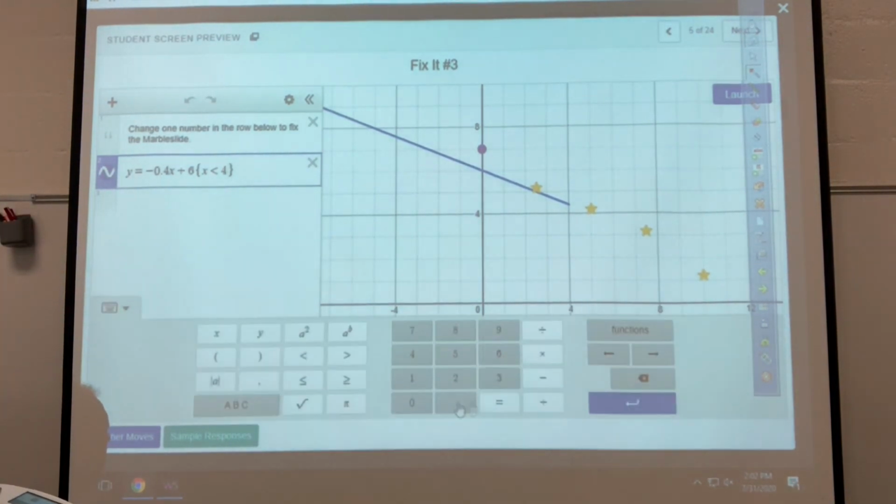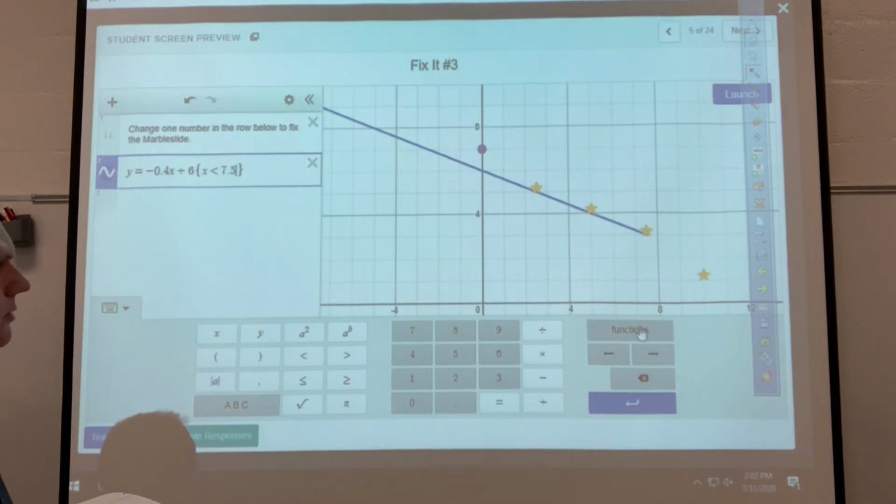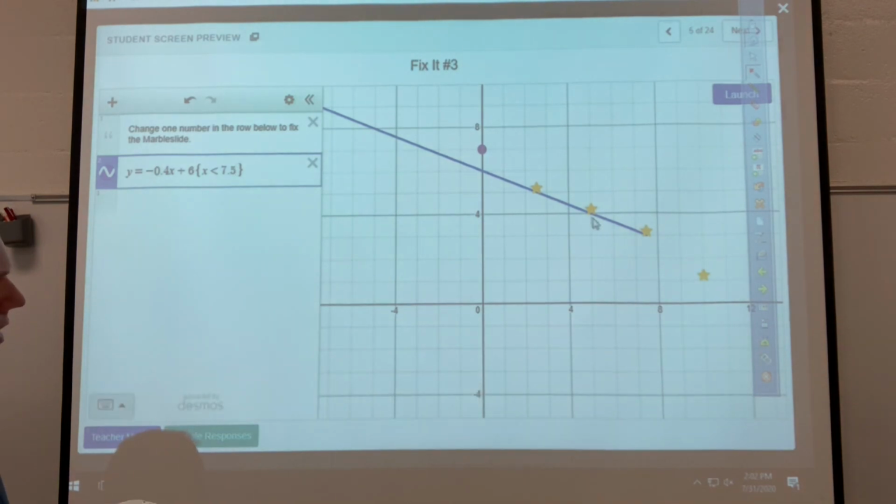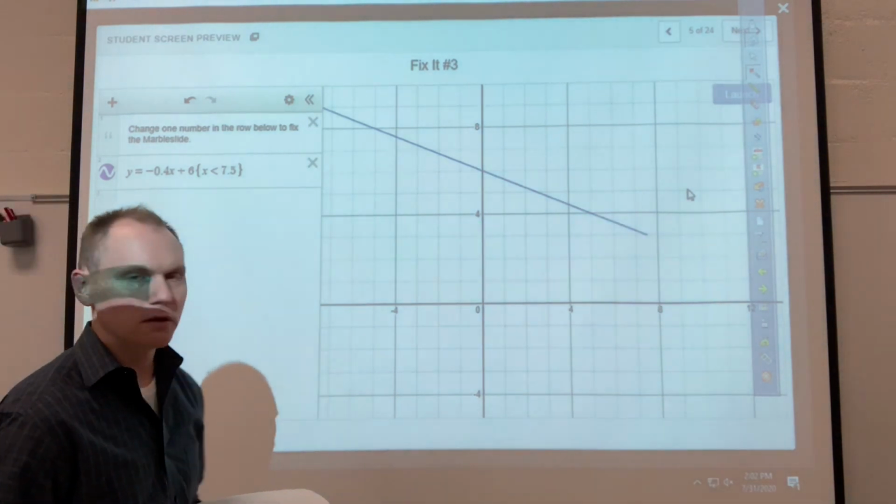So we change the 4 here to 7.5, and that's going to make sure we get that last star, and then we think that it might shoot off and get this last one. Let's see. All right, good. Okay, so we've got it, right?